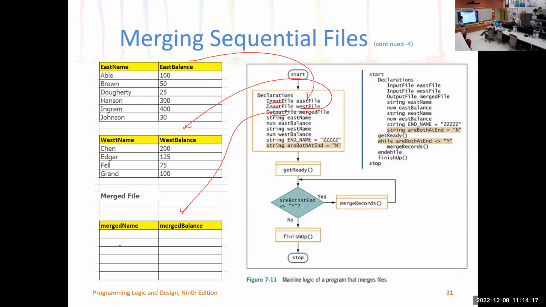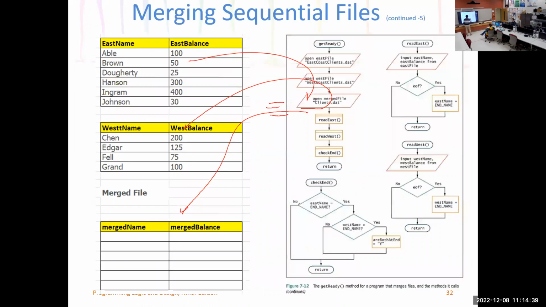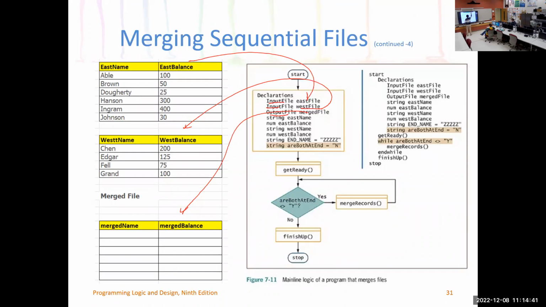Okay. So now how is the process? You read every single record from each of them. Right? You stop the process when both of them come to the end of the file. That's why you see you need to maintain a flag here, for whether both of them are at the end or not.